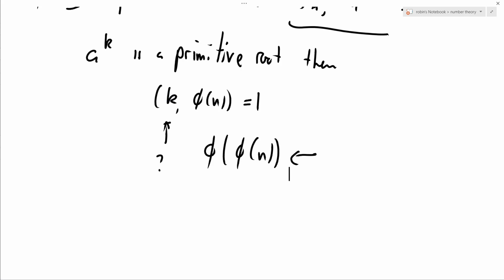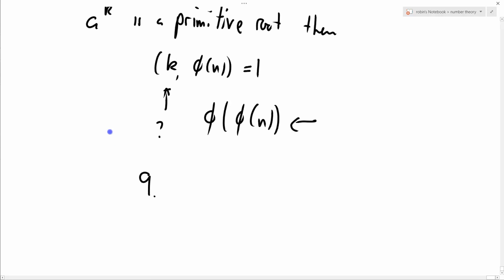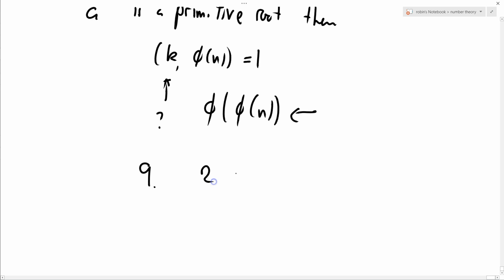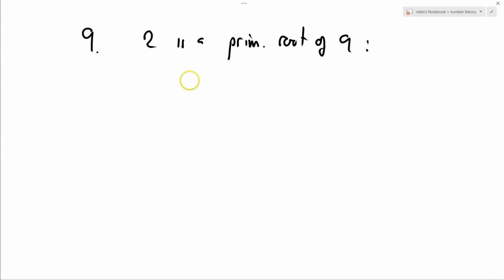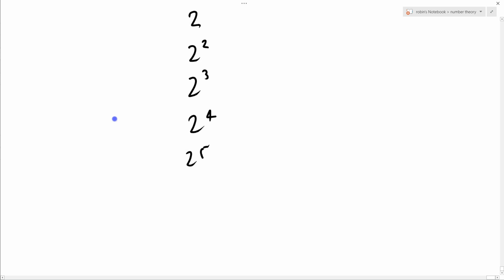So let's have a nice example of 9. We know that 9 has got a primitive root in as much as 2 is a primitive root of 9. Well, let's have a look at that. Let's do everything modulo 9 and see what happens. We've got 2, 2 squared, 2 cubed, 2 to the 4, 2 to the 5, 2 to the 6, 2 to the 7, 2 to the 8.